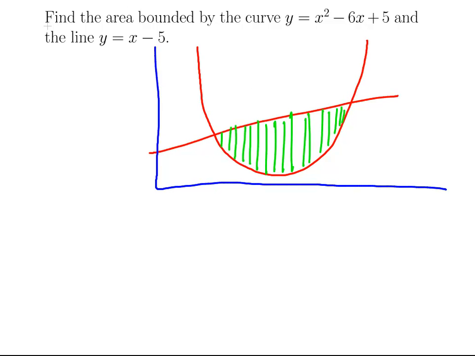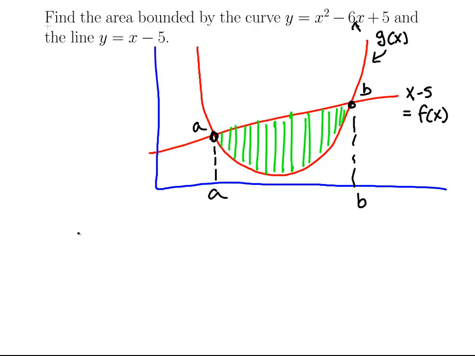And again, what we have to do is find out what the upper and lower bounds are. So a and b. We have to find out what a and b are. We're going to let this, x minus 5, equal f of x. And we're going to let this equal g of x, the quadratic expression up there.